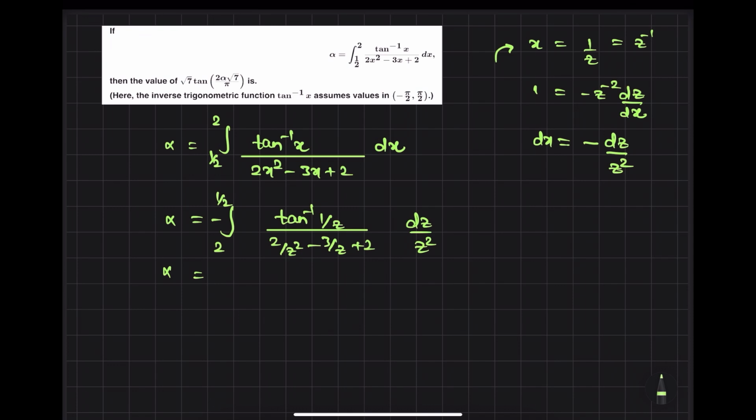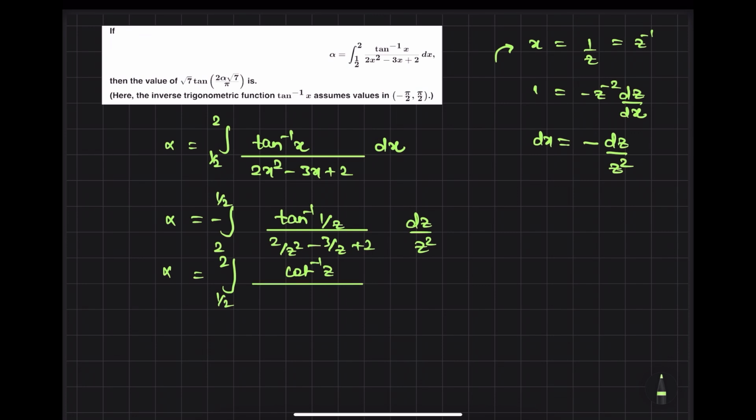So minus of minus becomes plus. Then you can interchange the limits 1 by 2 to 2. You also know that tan inverse 1 by z becomes cot inverse z, because 1 by z is a positive number. So it's totally fine.